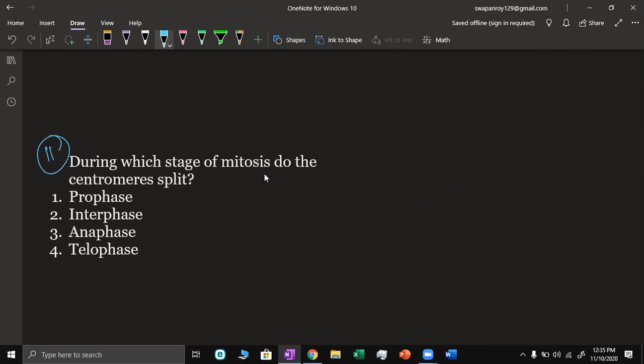During which stage of mitosis does the centromere split?